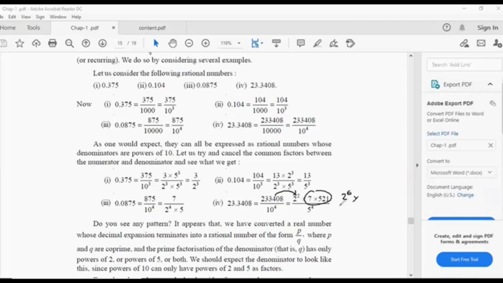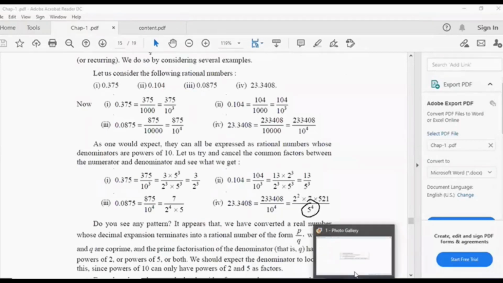And the denominator, you can write 10 raised to 4 as 2 raised to 4 into 5 raised to 4. There you can cancel 2 raised to 4 and 2 raised to 4. The balance will be 2 raised to 2, 2 square, right? That's why 2 square comes here. The 2 raised to 4 is cancelled with the denominator. That's why the denominator only has 5 raised to 4. 2 raised to 4 is cancelled as a common factor. Okay, so this is the idea.